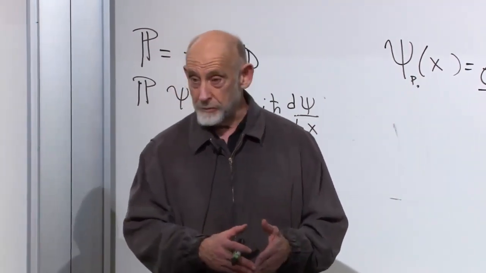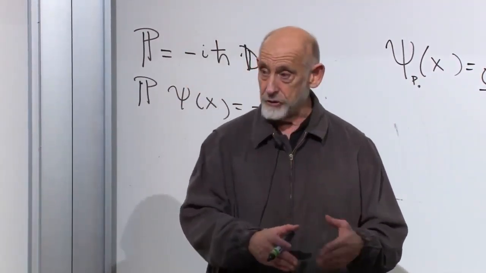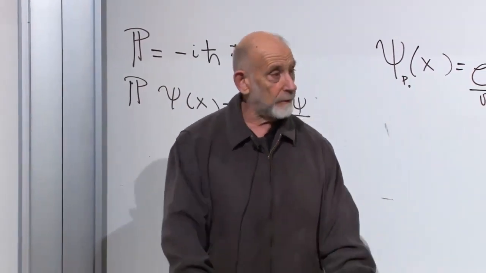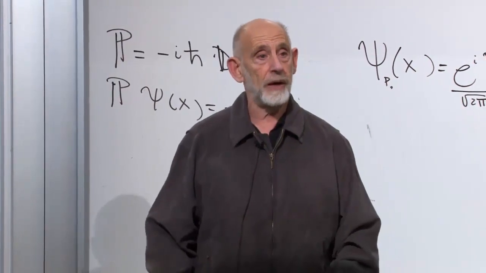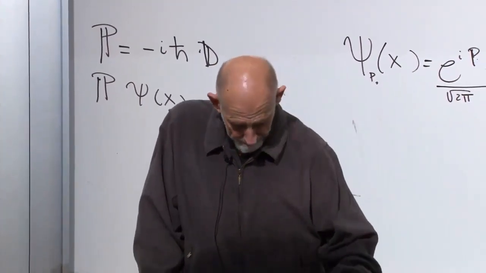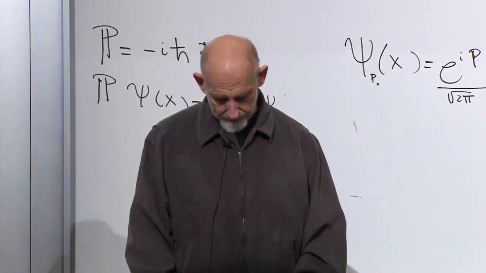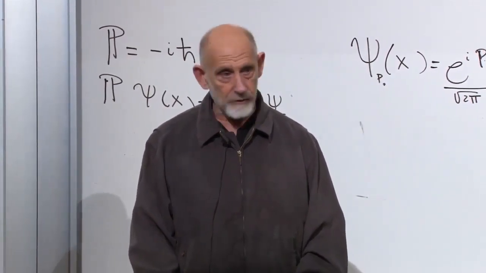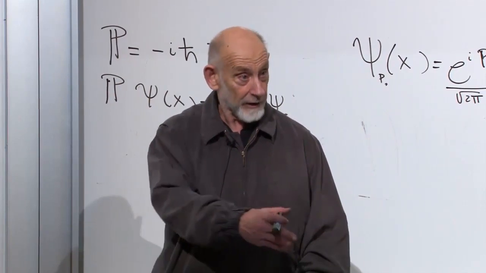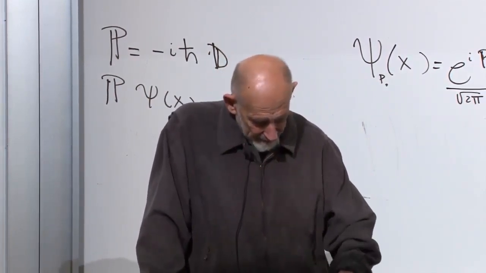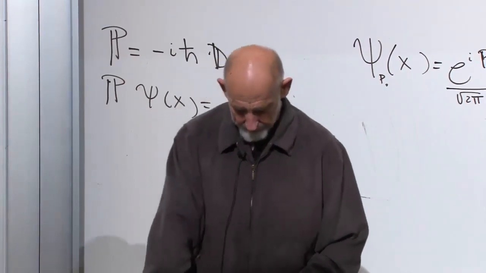That should correspond to some sort of differential change in the state vector. And we found out that that differential change was governed by a Hermitian operator called the Hamiltonian. So if you have forgotten the details of that, go back to it now. Not right now, but you'll remember the equation.